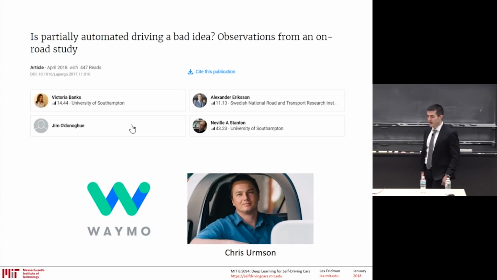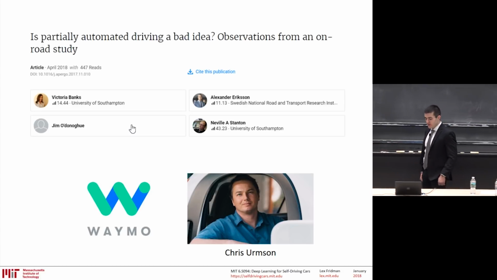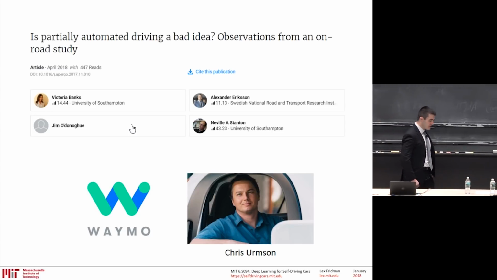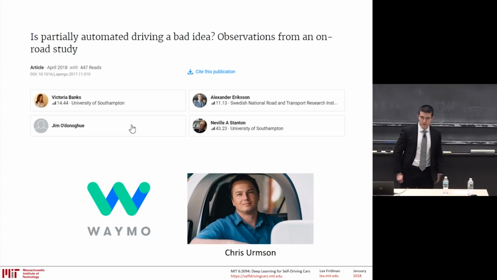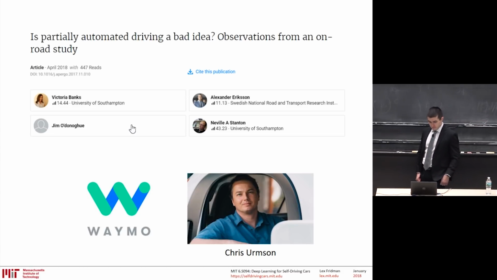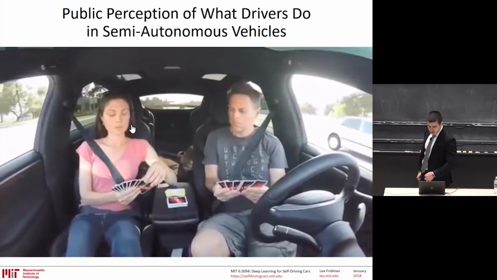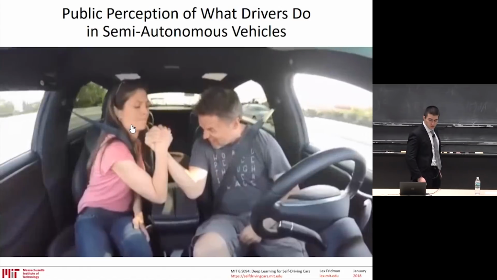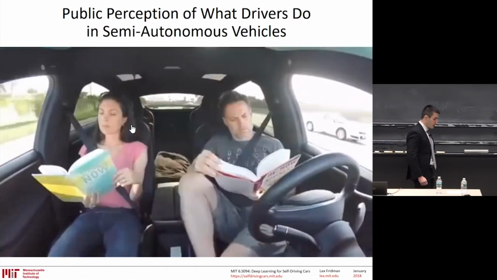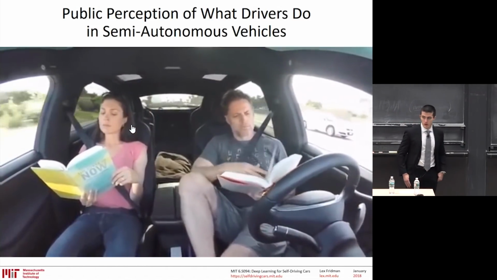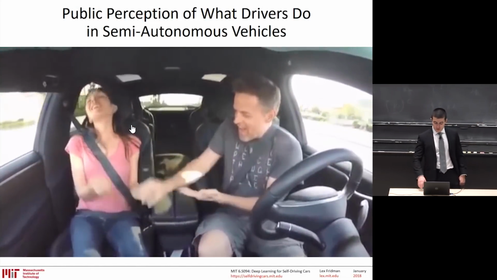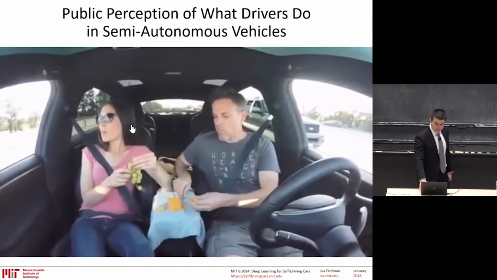You can count on the fact that humans, the natural flaws of human beings to overtrust, to misbehave, to be irrational about their risk estimates, will result in improper use of the technology. And that leads to what I've showed before, the public perception of what drivers do in semi-autonomous vehicles. They begin to overtrust. The moment the system works well, they begin to overtrust. They begin to do stuff they're not supposed to be doing in the car, taking it for granted.